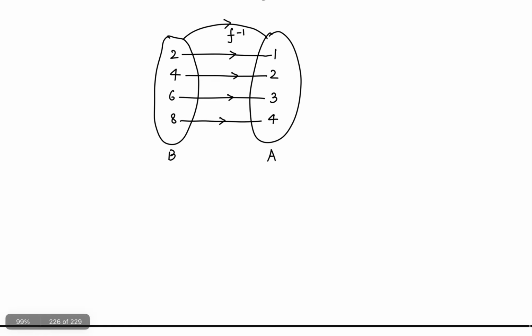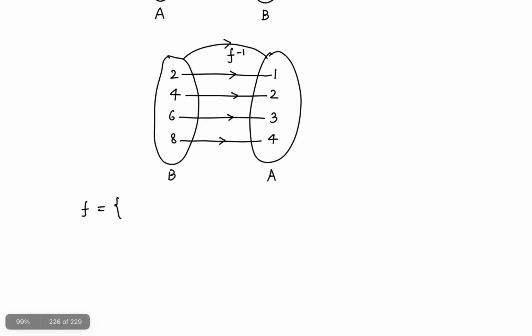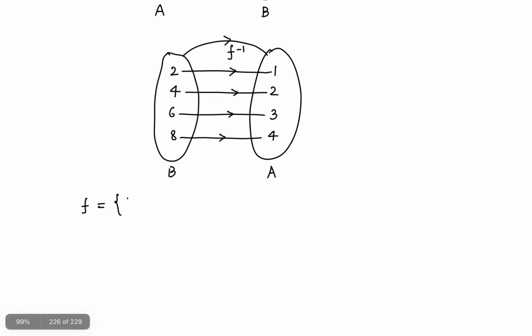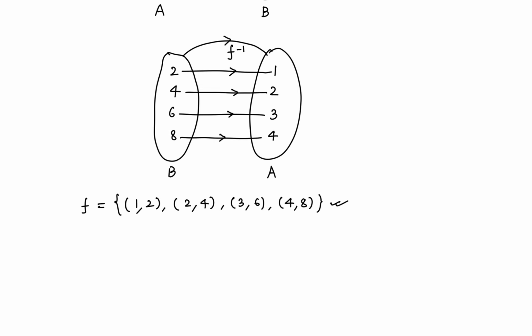Okay, so here f has elements in form of ordered pairs: (1, 2), (2, 4), (3, 6), (4, 8). So these are the elements of set f. So f inverse will have elements like (2, 1), (4, 2), (6, 3), (8, 4).